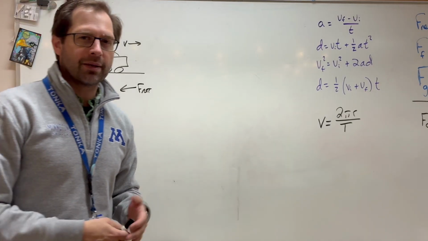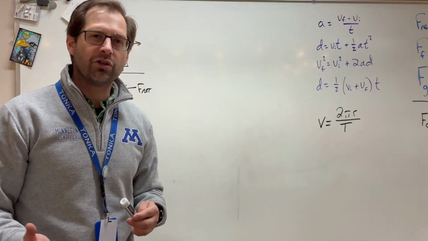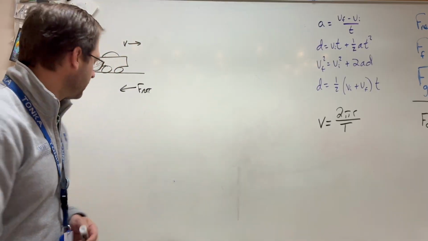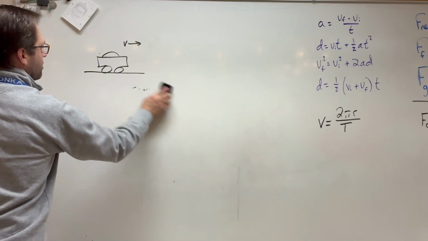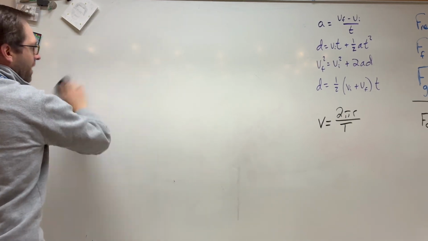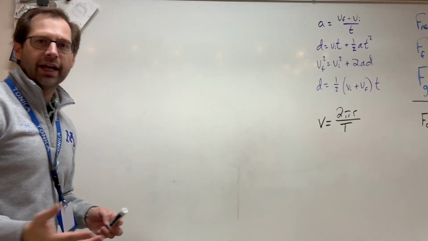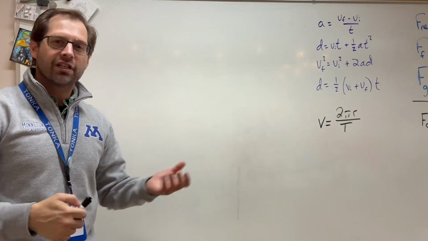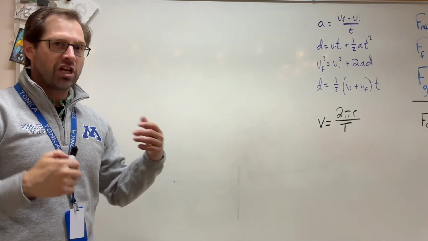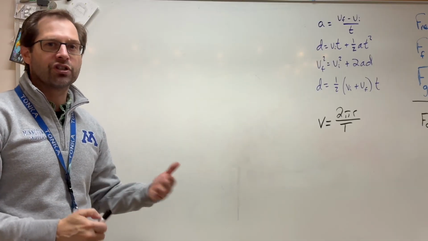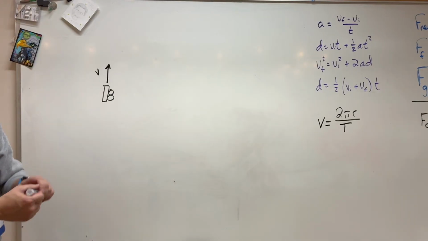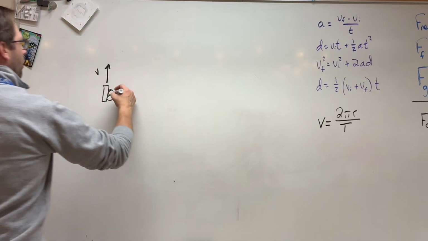Well, this is really similar if we take a look at circular motion too, because inertia is still at play. We have to consider that when things are moving and turning. So if I have something that's moving in a circle, I'm going to have to consider the forces that are changing its straight line motion path, okay? It's traveling in a straight line and it's approaching a curve.